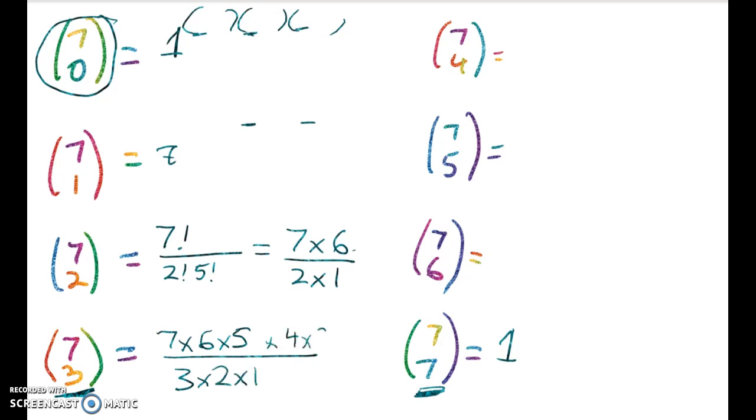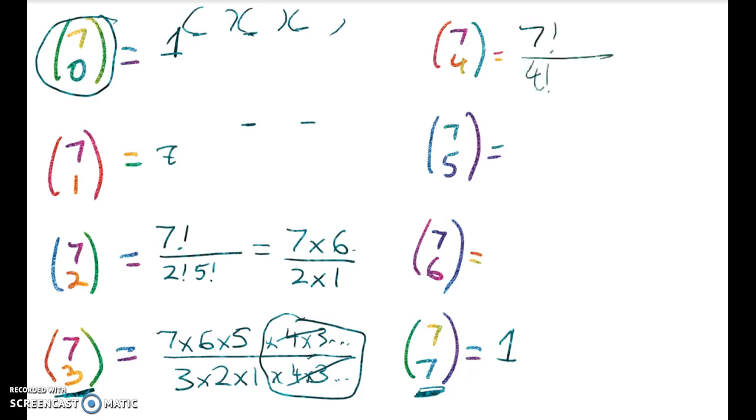Because this 4 bit is a term that simplifies. Okay, so that goes. Now, 7 choose 4 is going to be 7 factorial over 4 factorial, 3 factorial, and that also is going to simplify to 7 times 6 times 5 over 3 times 2 times 1.